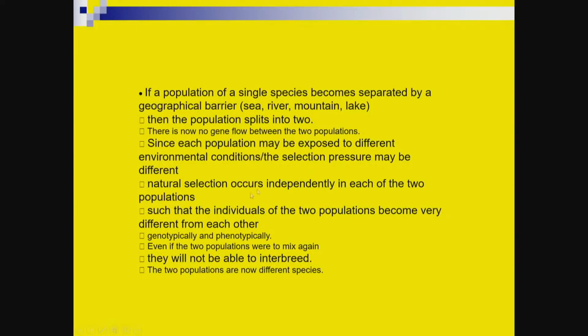Apply the speciation as stated in the exam guidelines. Apply that to your question. And at the end we must say it's now different species and you name the two different species.